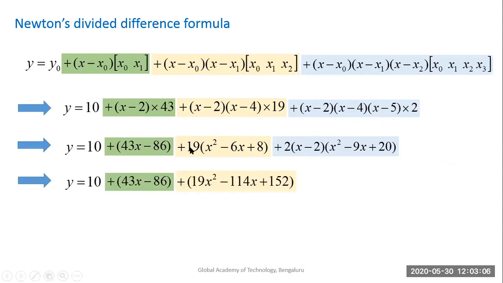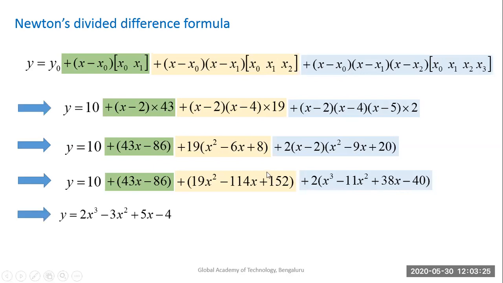Then take this 19 inside, you get 19x square minus 114x plus 152. 2 into, now multiply these two brackets, you get x cube minus 9x square minus 2x square, that is minus 11x square. Similarly, 38x, then minus 40.